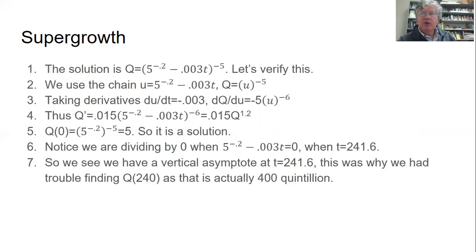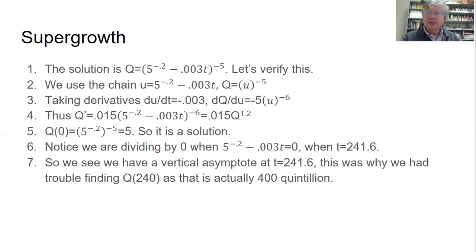And we take the derivative of q, we get minus 5 u to the minus 6. And so what we do then is we multiply those things together, and the negative 0.003 times negative 5 is 0.015. And that's exactly the constant that was in the model. And we get whatever that u is, that 5 to the minus 0.2 minus 0.003t, that u, we get that to the power minus 6.